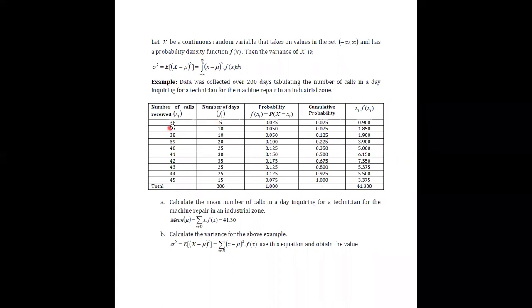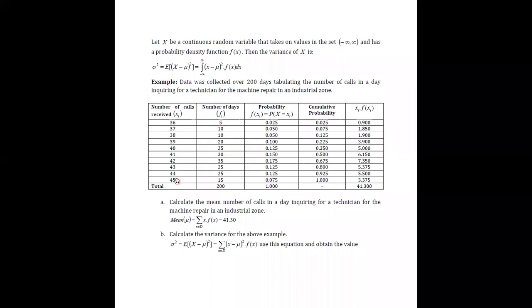If I explain this data set, for a day there were some days getting 36 calls, and there are 5 such days. In the second row, there are some days having 37 calls, and there are 10 such days throughout these 200 days.